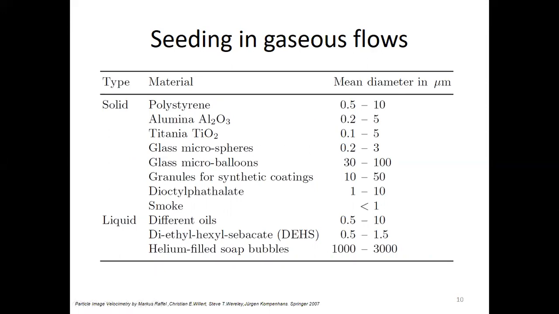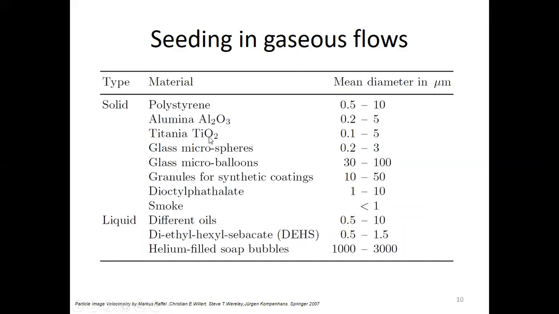Now, if you talk about gaseous flows, gas is very light. In gas, you do want to have big mean free paths, big distances between particles. So you really don't want to spoil your gaseous flow, and here you use only quite small particles.